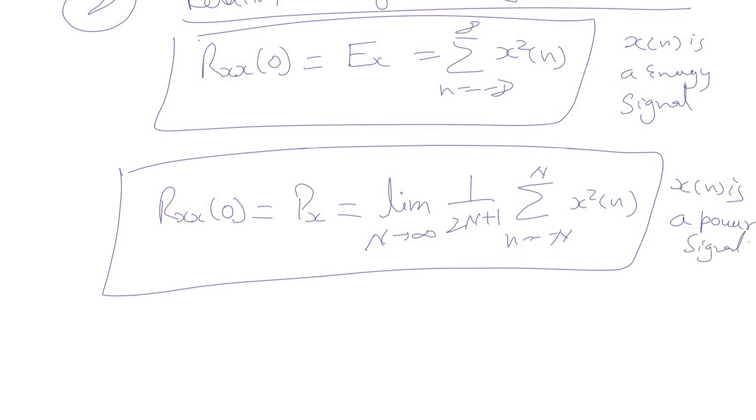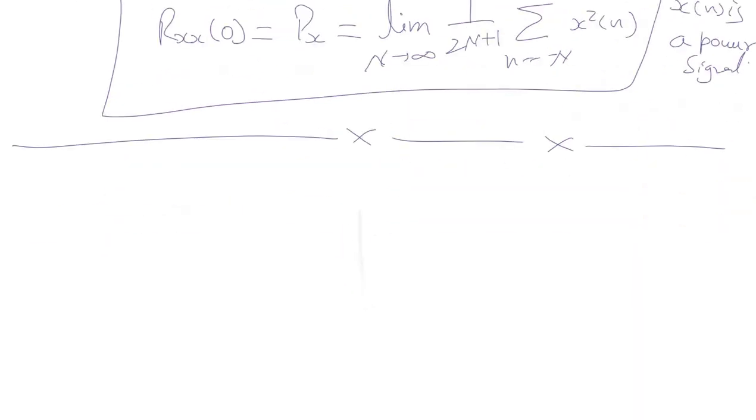These are the important properties of the autocorrelation and cross correlation functions for discrete time signals. Okay, so now let us practice some numerical questions based on the topics that we've done so far.